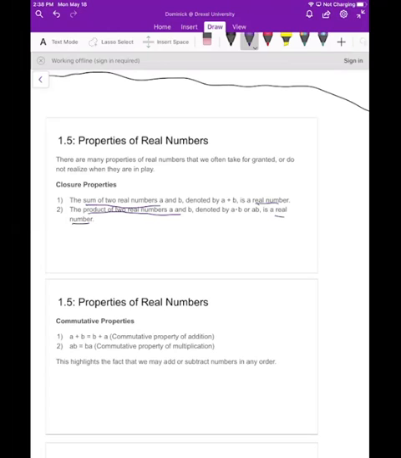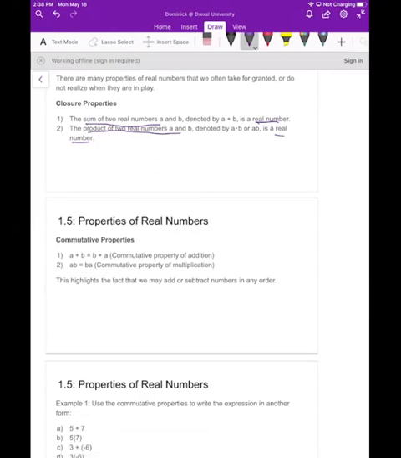That's what's called the closure property. So the real numbers are said to be closed in this regard: if you take two real numbers and do these operations, you still end up with a real number. You don't get outside of the real number system.